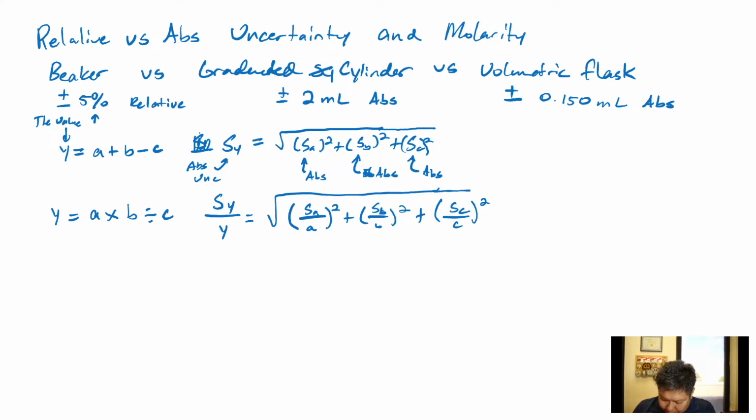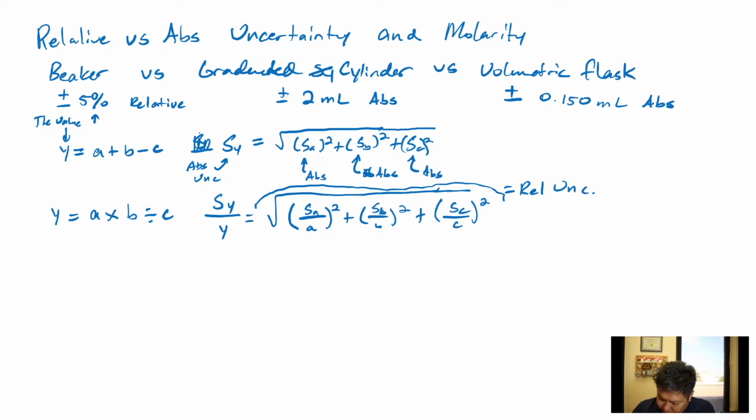The thing I wanted to point out is that when you solve for the square root part of the equation, the number you get is equal to the relative uncertainty.